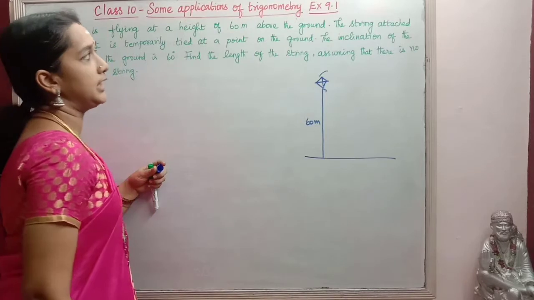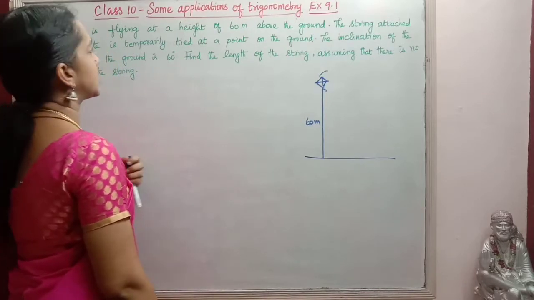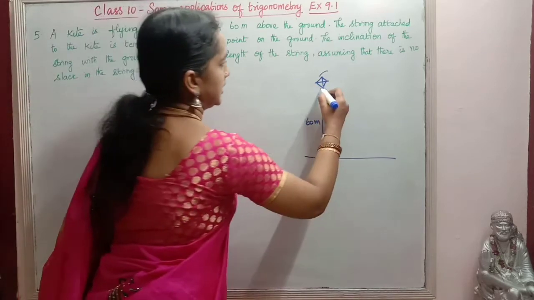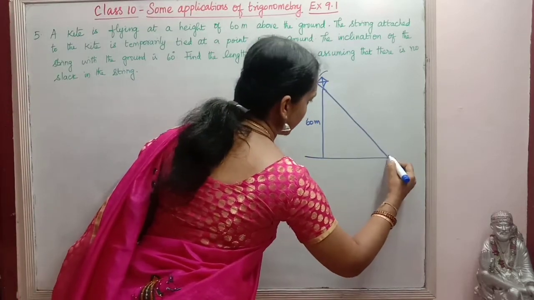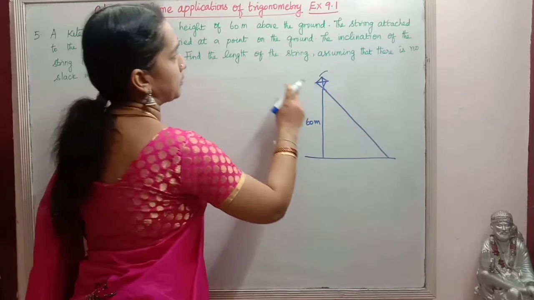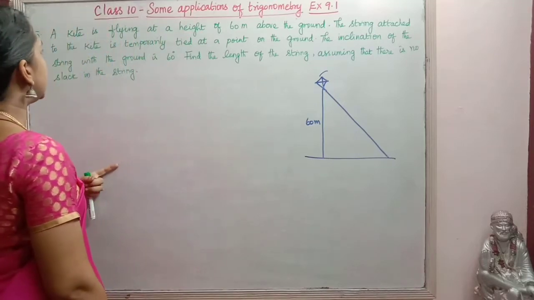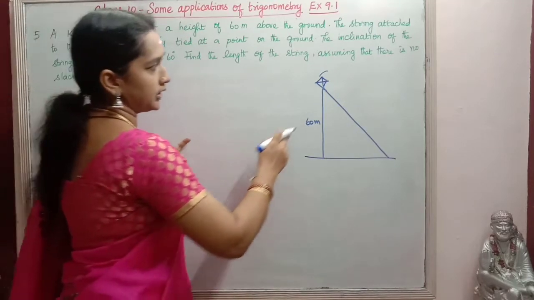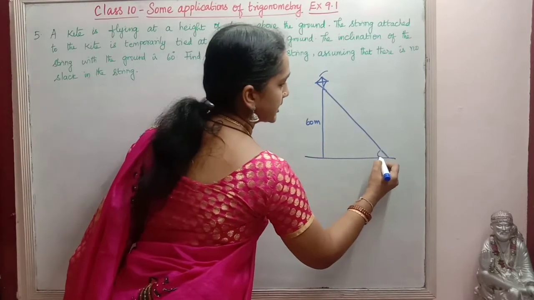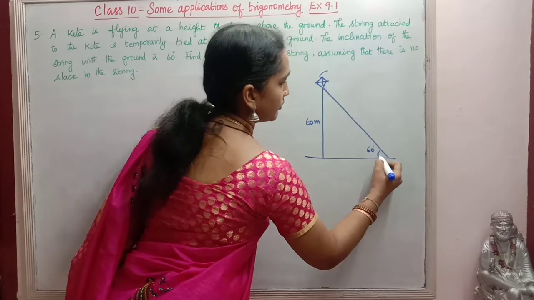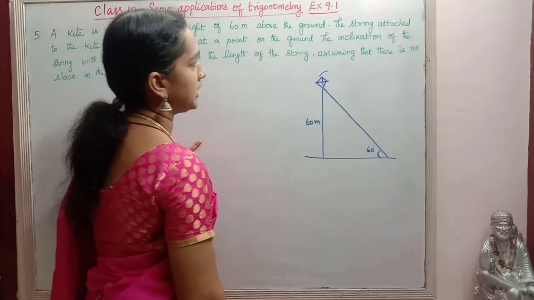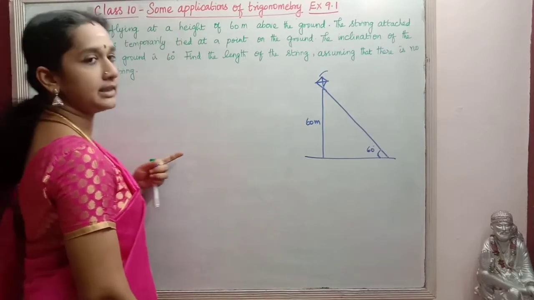The string attached to the kite is temporarily tied at a point on the ground. The inclination of the string with the ground is 60 degree. Find the length of the string, assuming that there is no slack in the string.